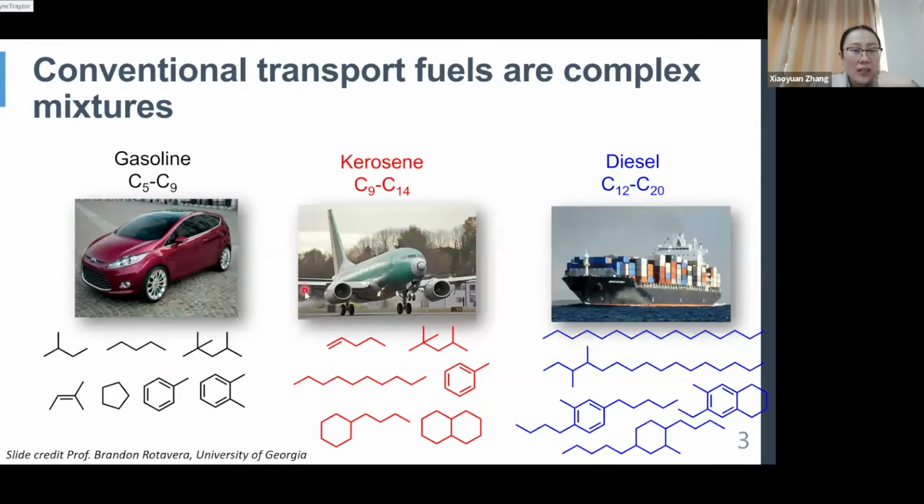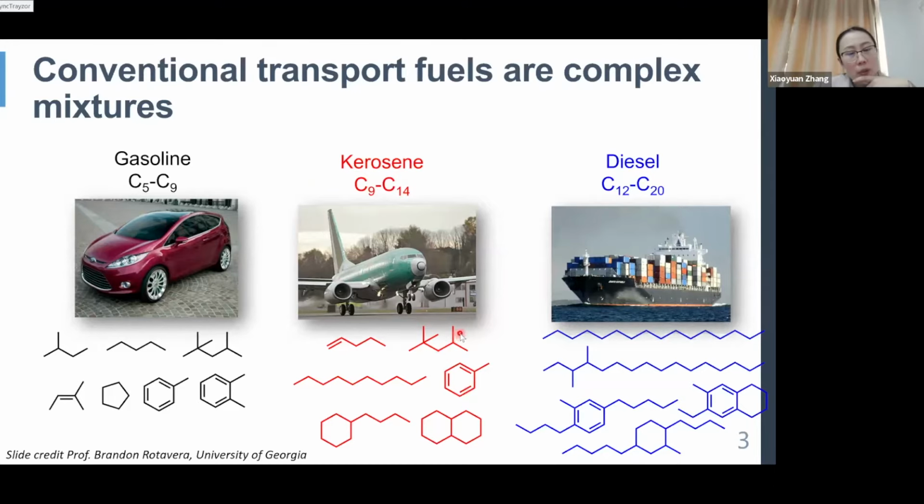If we compare their major components, we will find that although their molecular weights are different, their chemical classes involved in these conventional transport fuels are very similar, which can be divided into normal alkanes, isoalkanes, cycloalkanes, and aromatics.